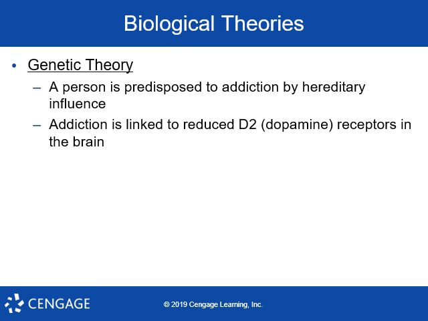Then there's biological theory. Genetic theory. A person is predisposed to addiction by hereditary influence. And addiction is linked to reduced D2 dopamine receptors in the brain. There are studies that highly suggest that. A lot of studies were done in biological twins.